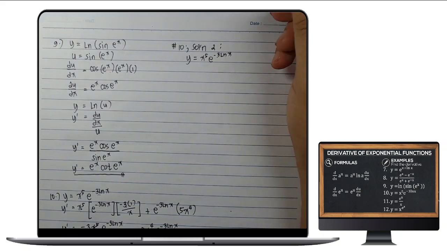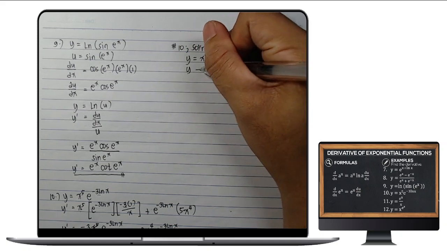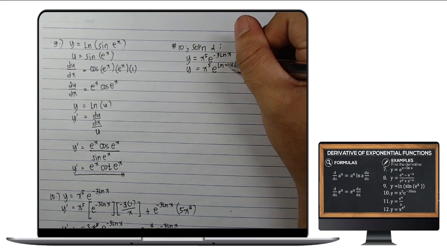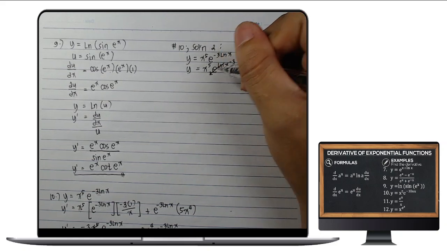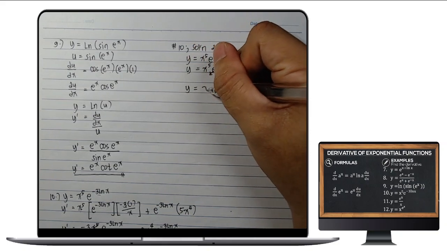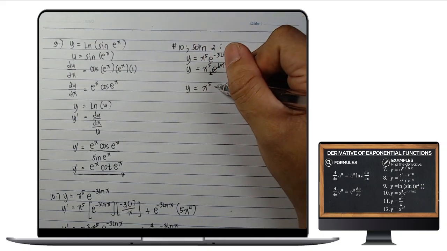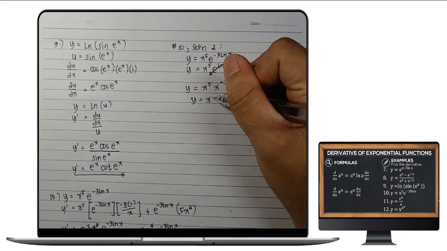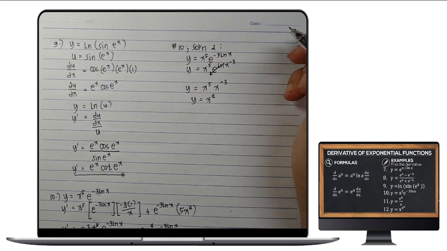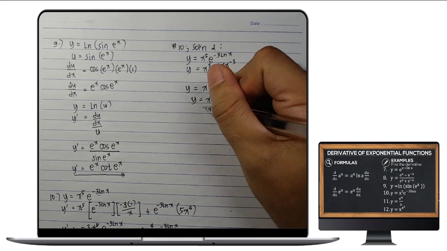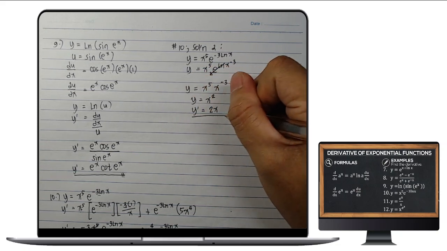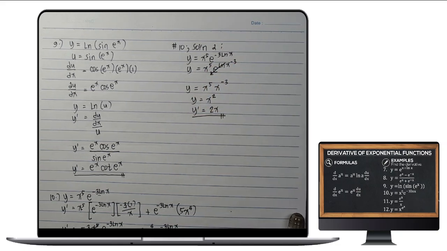Even from the beginning, we can apply the property of logarithm, making it x raised to 5 e raised to ln of x raised to negative 3, and we can cancel out e raised to ln. Making it y is x raised to 5 multiplied by x raised to negative 3. So our y is simply x squared. Same base, add exponent. So when we get the derivative of this, that is simply 2x. So we will arrive at the same answer.